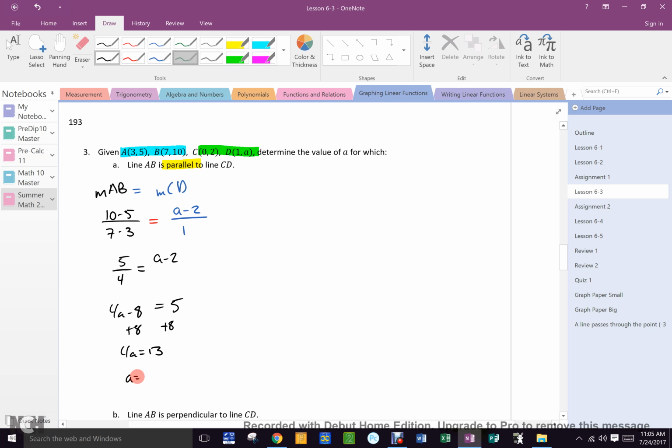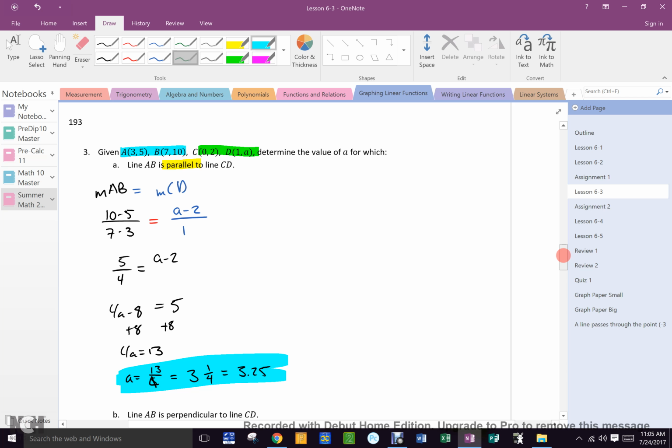Divide by 4, so A equals 13 over 4, which is 3 1/4, which is 3.25. Does everybody understand parallel? Yes. All of that is correct. All of that gets you the same marks. Is everybody cool with the parallel one?